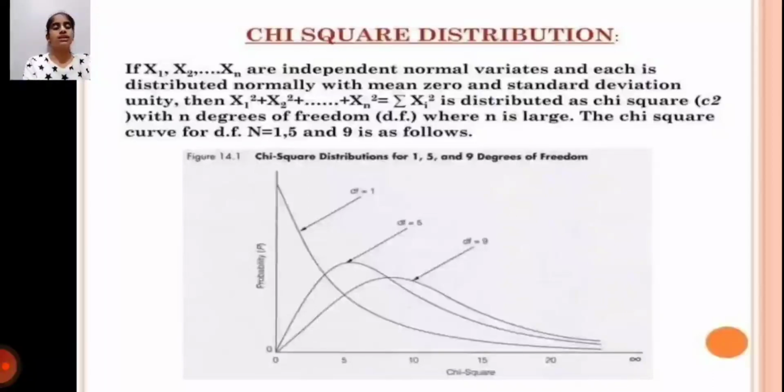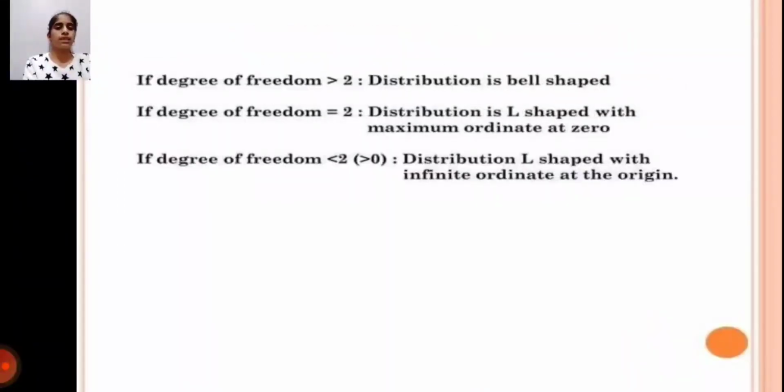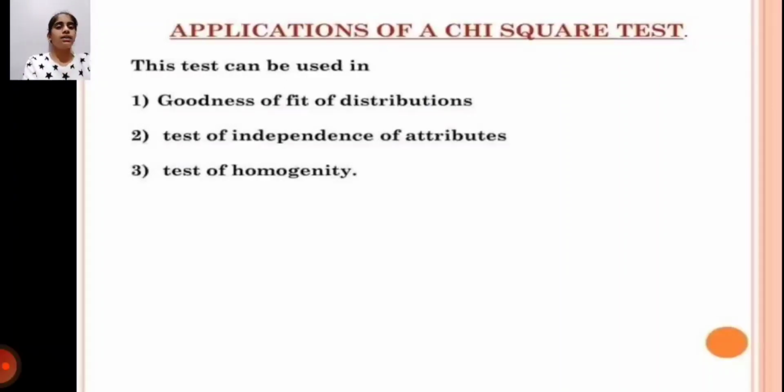The chi-square curve is as follows. For a low degree of freedom the distribution is bell shaped. If the degree of freedom is equal to 2, the distribution is L shaped with maximum ordinate at 0. If the degree of freedom is less than 2, the distribution is L shaped with infinite ordinate at the origin. And applications of a chi-square test.